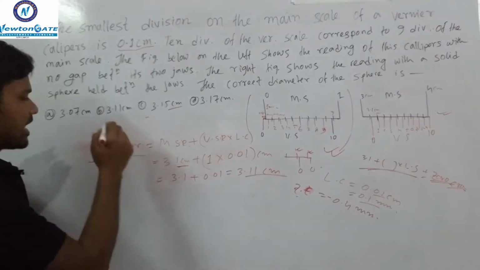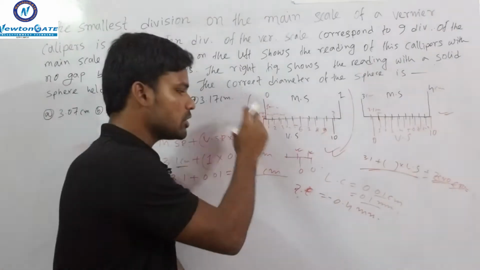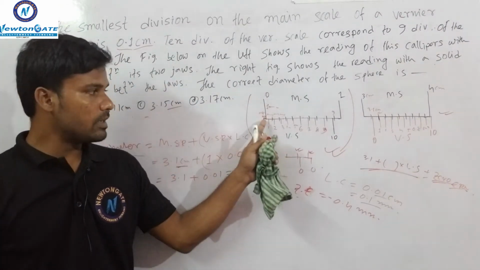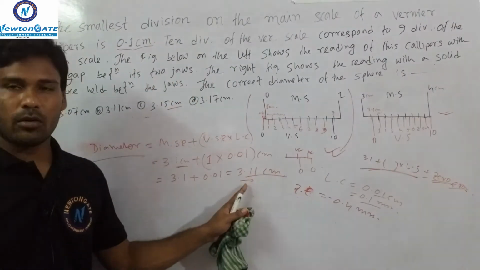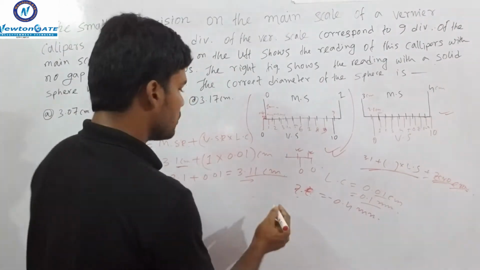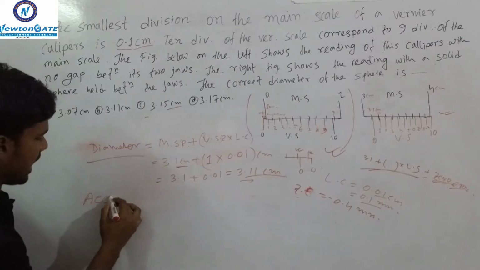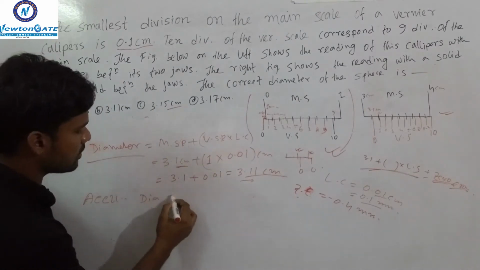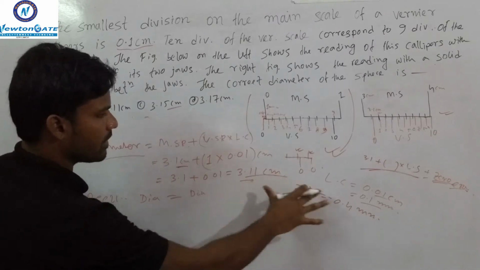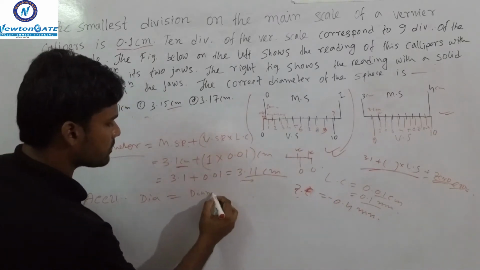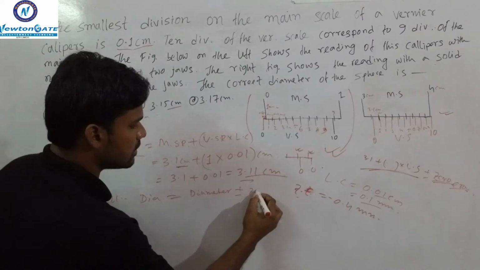But this is not our actual diameter, because due to the presence of zero error, this data is not accurate. So you have to find the accurate diameter, which equals the measured diameter plus or minus the zero error.